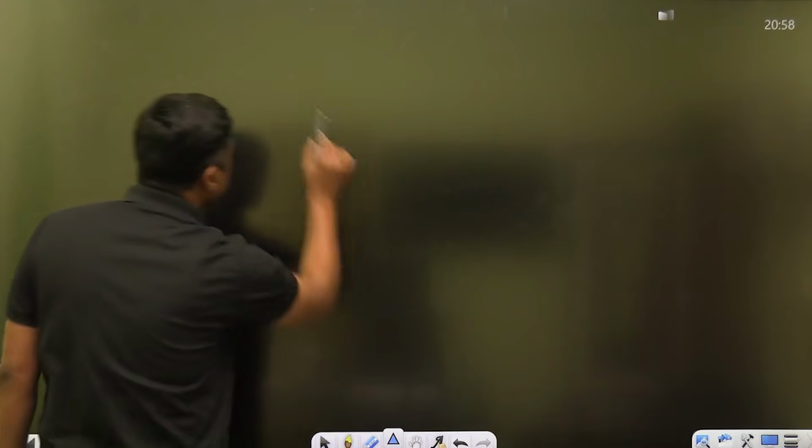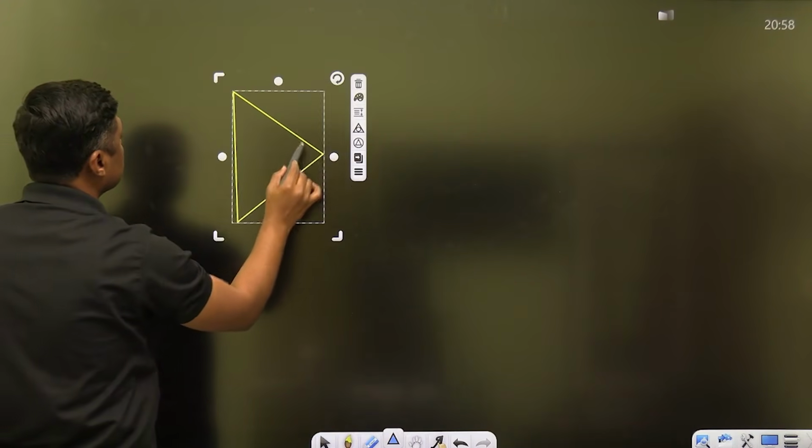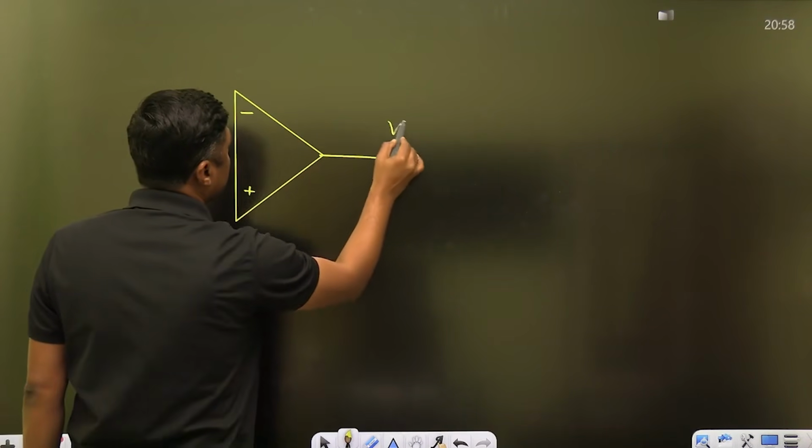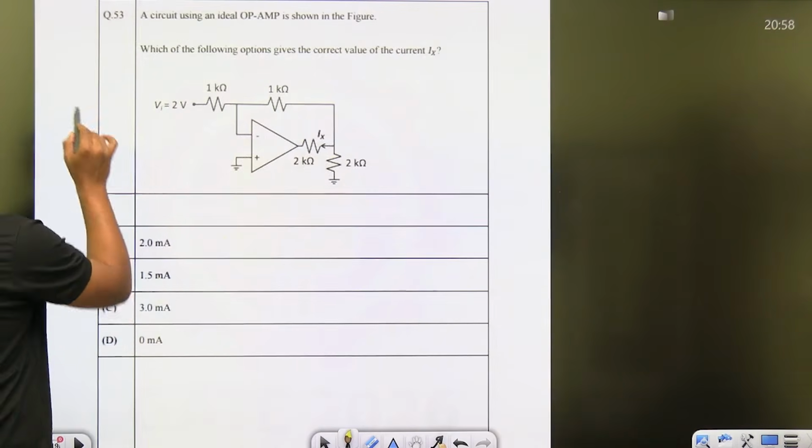Right? How to solve this question? Remember, guys, this is the operational amplifier. This is minus, this is plus. This is V0. What is given here? 2 kilo ohm.